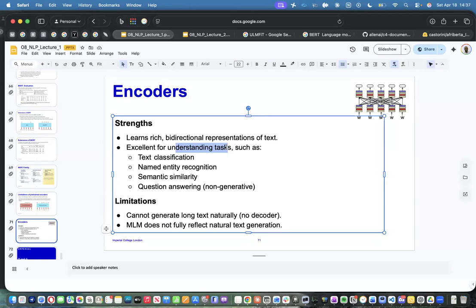They are excellent at semantic similarity and question answering, such as BART. But they are not good at generating long sentences. Remember, if you go to ChatGPT, you can create a very long sentence, right? So the encoder models are not excellent previously on these tasks, but now things are changing.